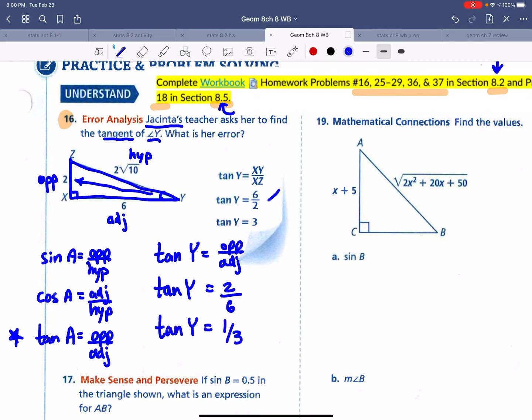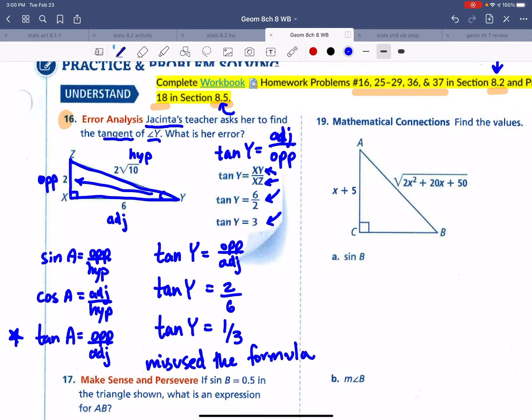What was her error? So it looks like she flipped these sides. She went, the tangent of the reference angle is adjacent over opposite. She flip-flopped these. Does that make sense? It shows she misused the formula or plugged it in wrong.